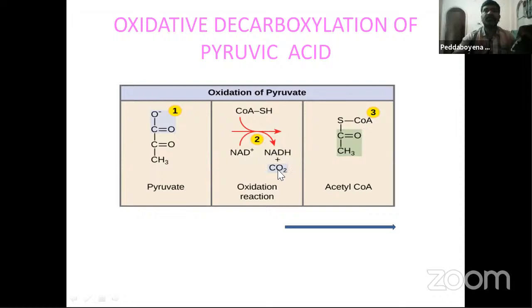And in this, one carbon dioxide comes out. So this process is called decarboxylation. So dehydrogenation and decarboxylation, one carbon molecule comes out. Pyruvate is three carbons, so one carbon dioxide is removed.